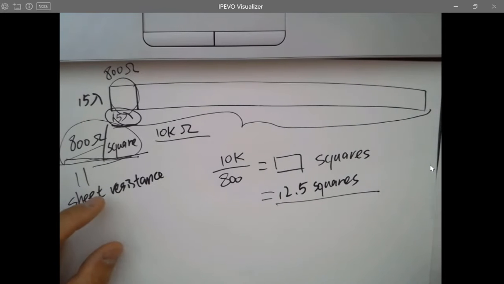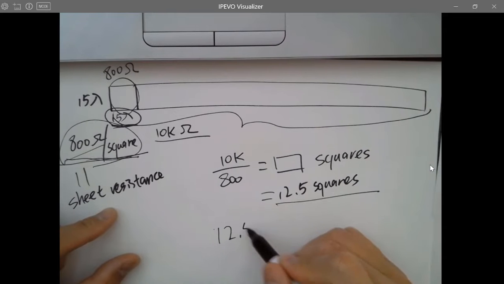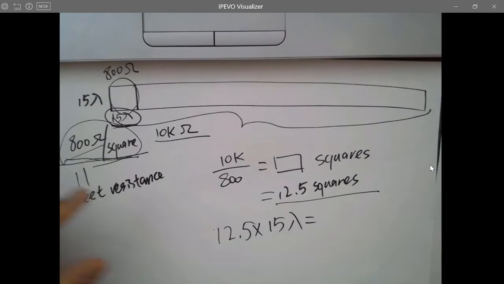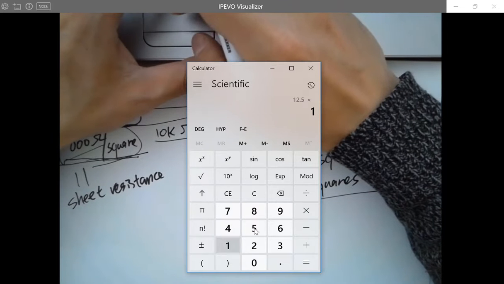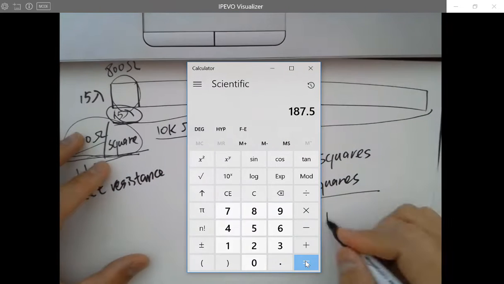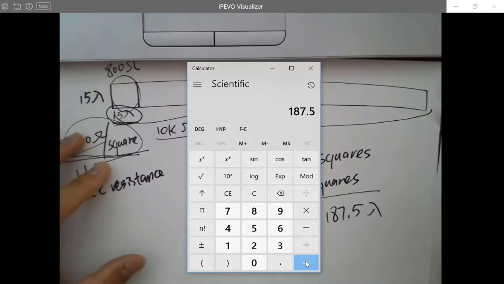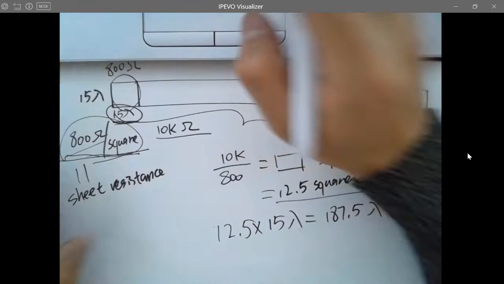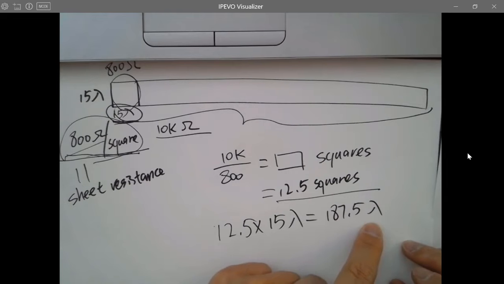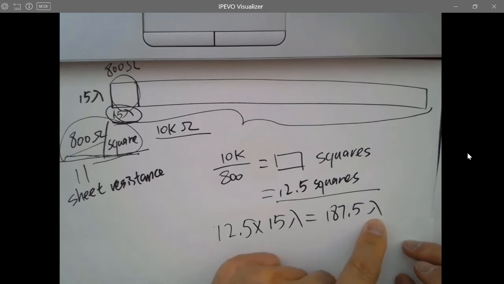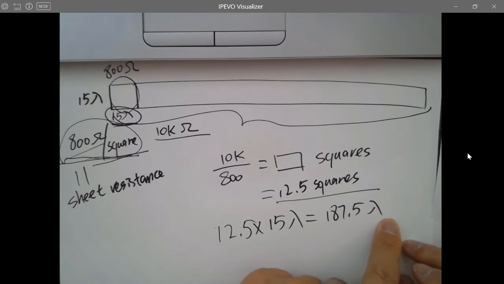So how many lambdas? That's the length, which is 187.5 lambdas. And every lambda is 300 nanometers. So this times 300 nanometers will be one 10K resistor.